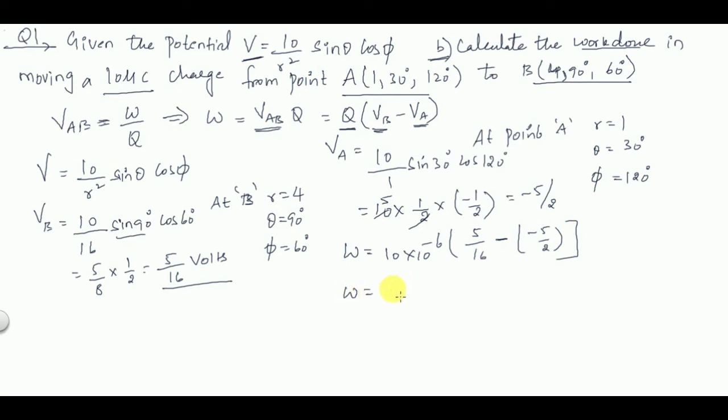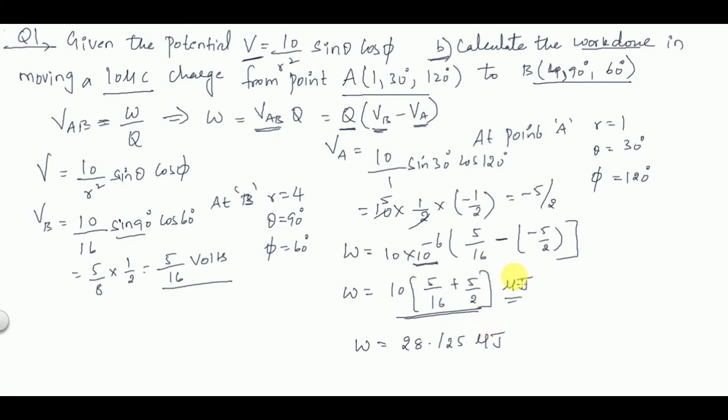Okay, so W is equal to 10 into (5 by 16 plus 5 by 2) microjoules. If you solve this value using your calculator, you'll get around 28.125 microjoules. So micro because it is multiplied by 10 to the power of minus 6, so microjoules.